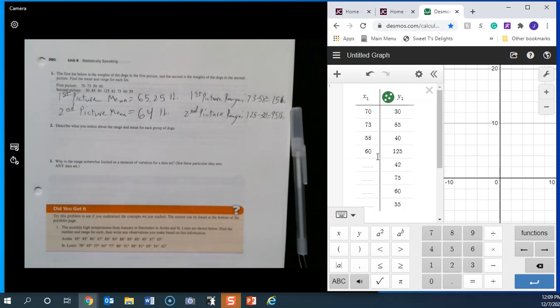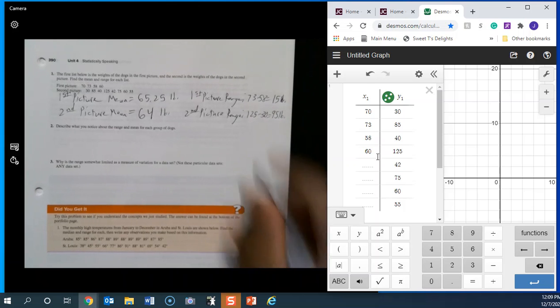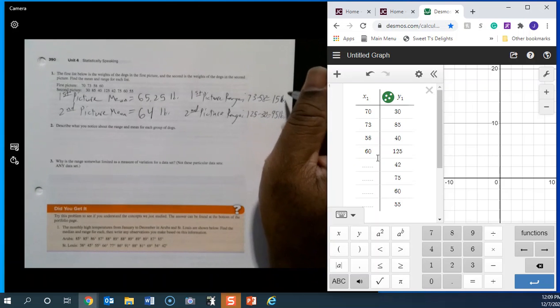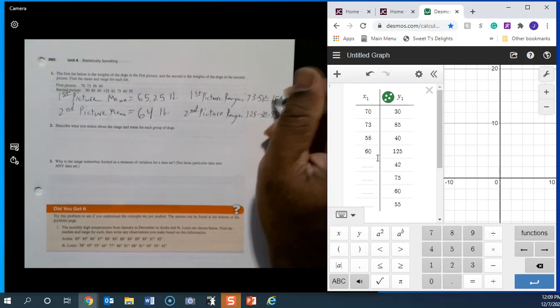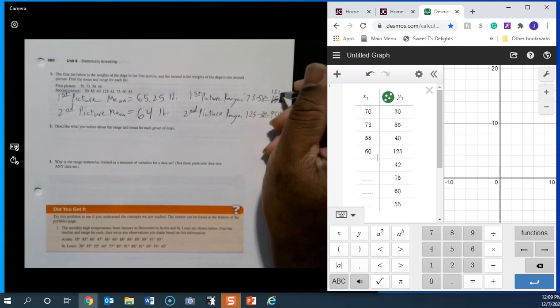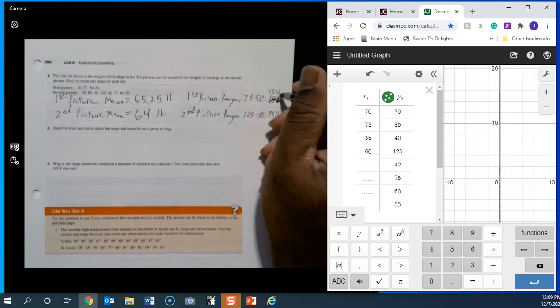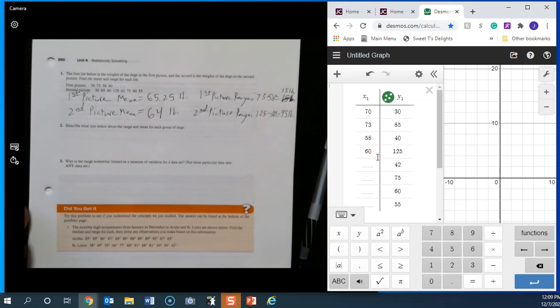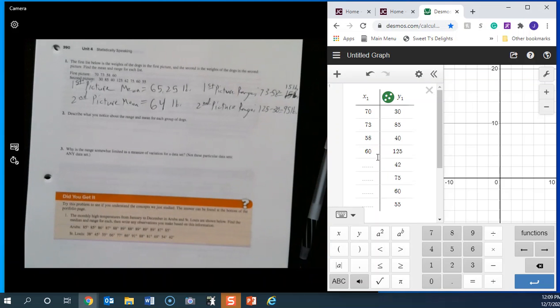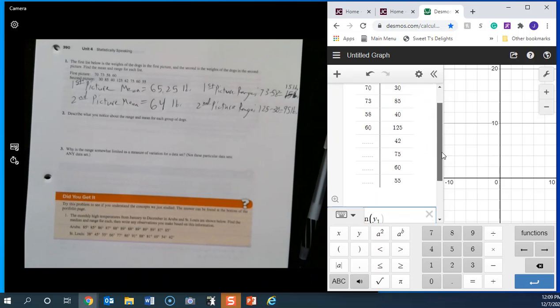Now, this was kind of easy to do because we did not have that many numbers to choose from. But let's imagine if we had to do this with like 20 or 30 numbers and they were all close to the same value. There's a way you could do this in a calculator to find the highest and lowest value.